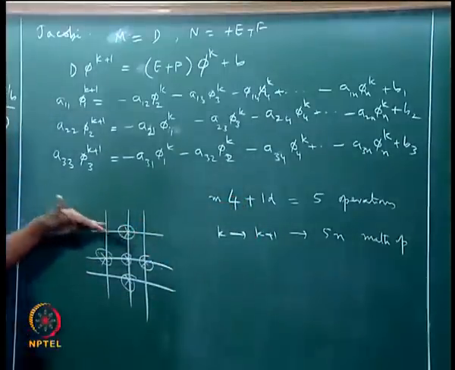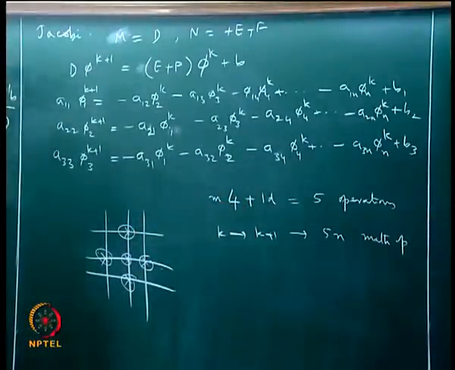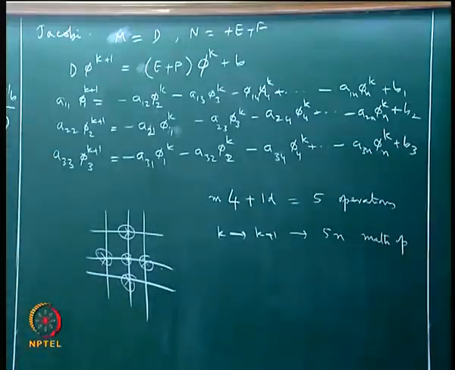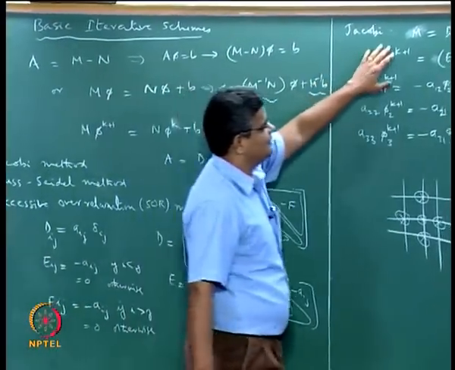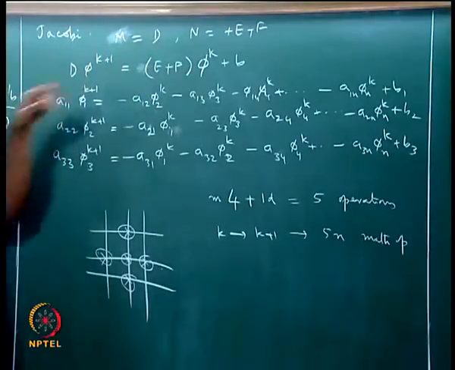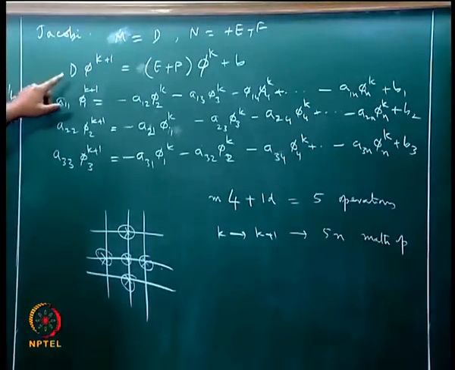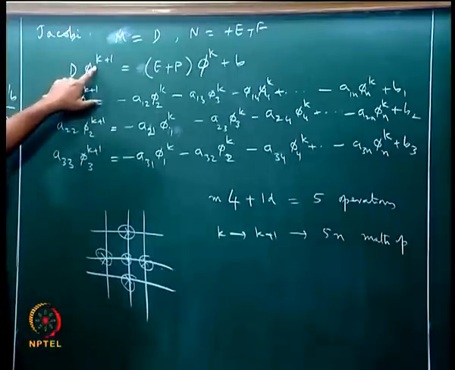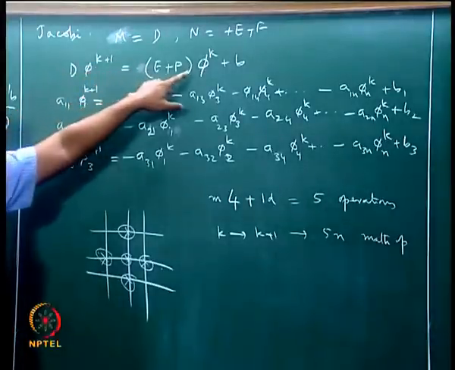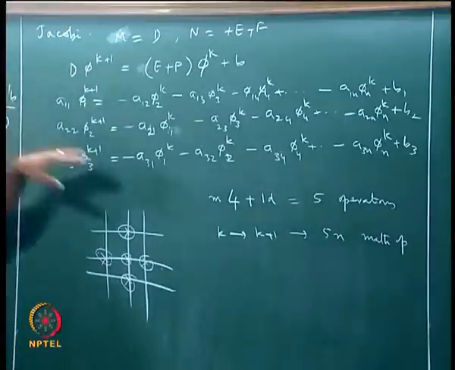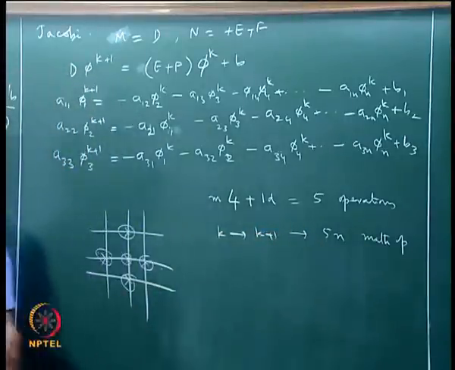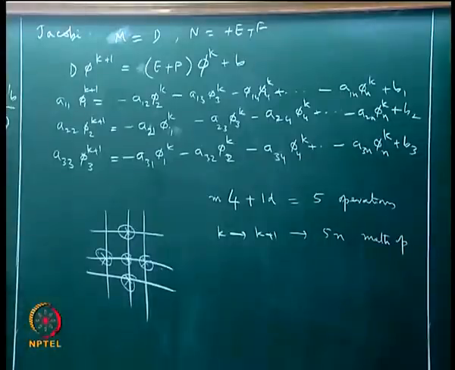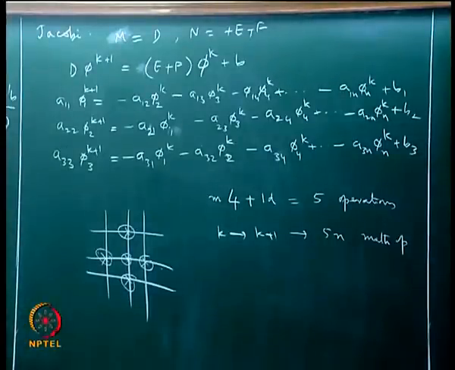So we can see that the implementation of the Jacobi scheme is such that the decomposition of A into M and N is straightforward, and the generation of phi k plus 1 from phi k is also very simple because it requires only 5n mathematical operations. The next condition that we have to satisfy is: is it convergent, and under what conditions.